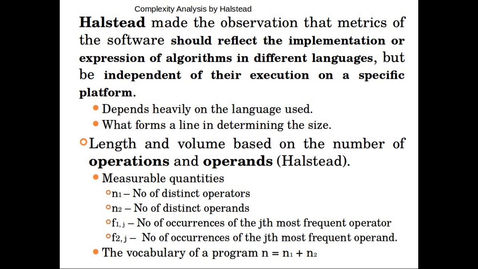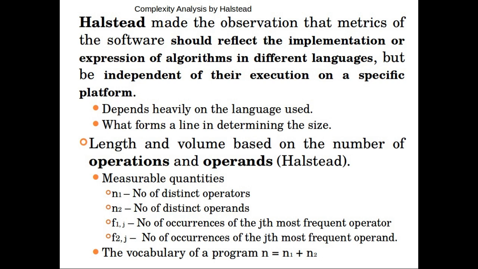So the measurable quantities are: small n1 is the number of distinct operators, or the number of unique operators. Small n2 is the number of distinct operands, the number of unique operands. F1j is the number of occurrences of the jth most frequent operator.